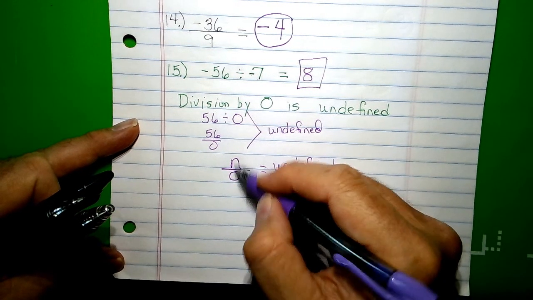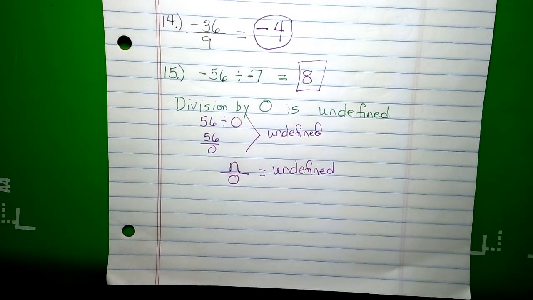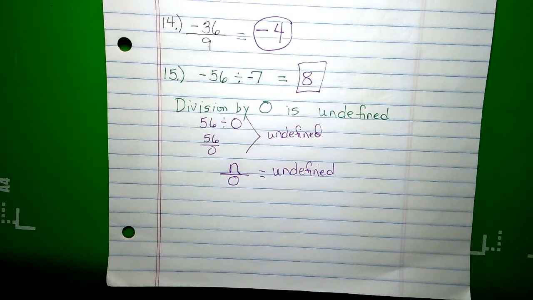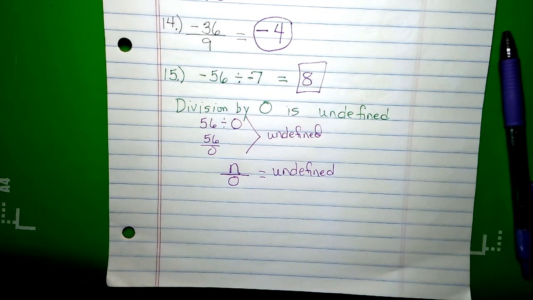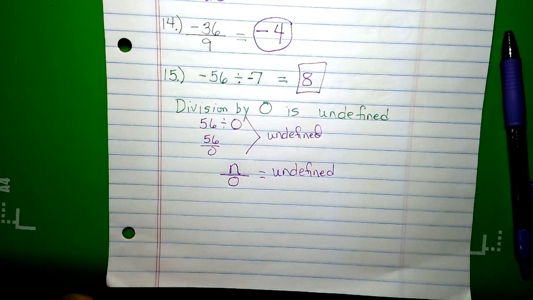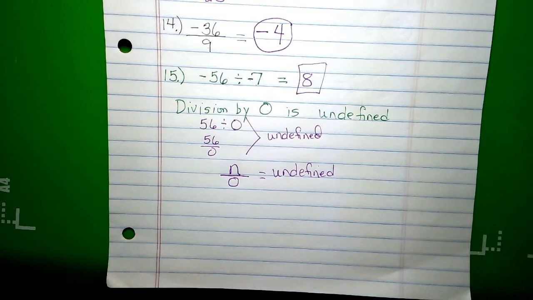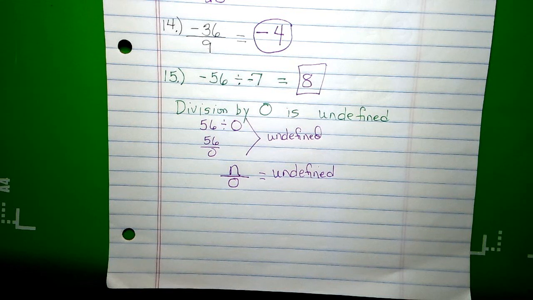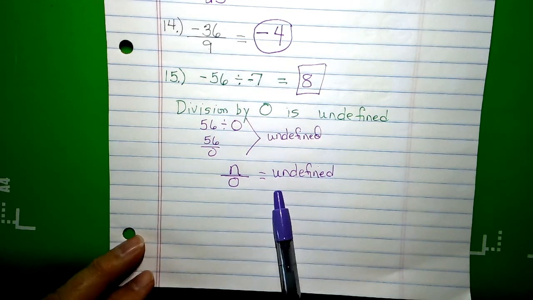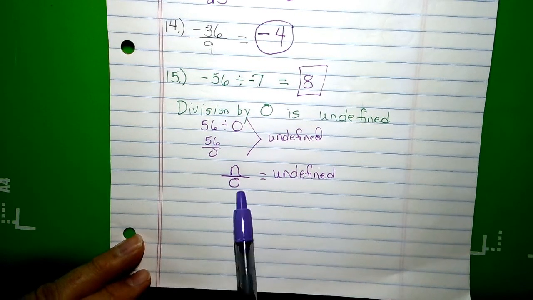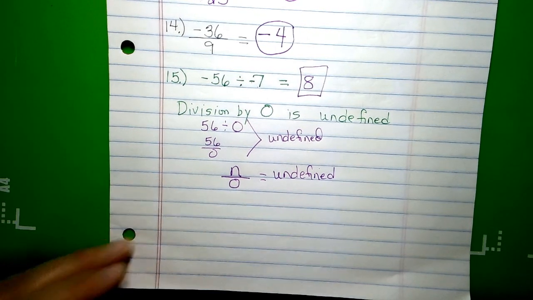And you might see that pop up in your homework, but you might not, okay? But as you progress throughout your math career, whenever you hear someone talking about a fraction being undefined, that means that the bottom number is 0, okay?